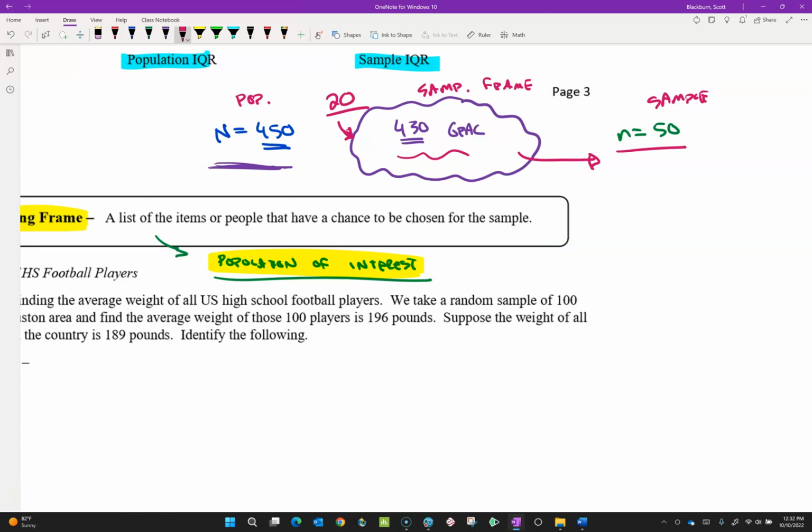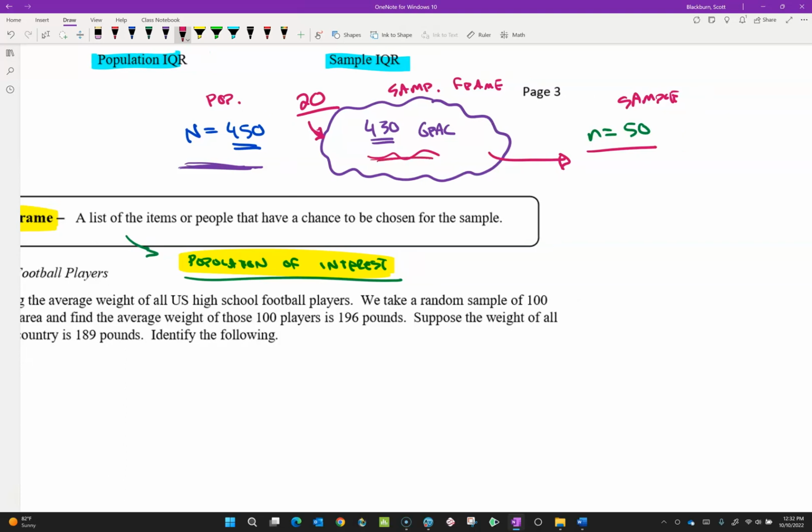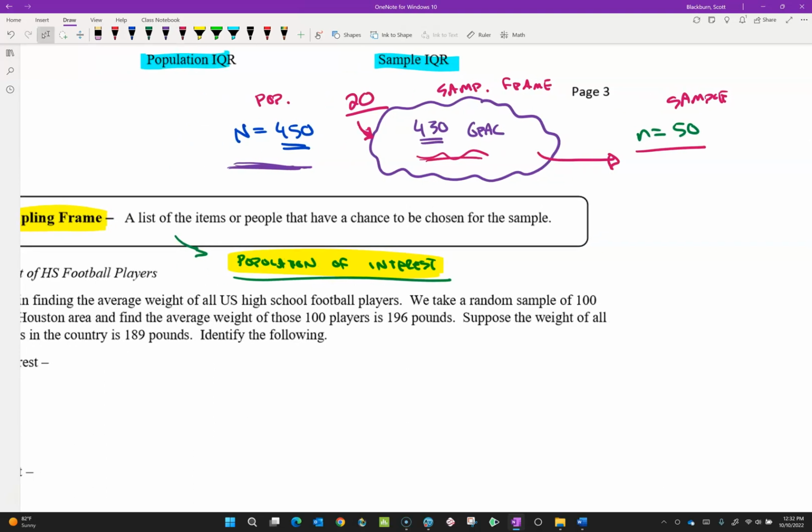For example, if I wanted to estimate on average how many days you are absent from school, well, the 20 people that are gone might have, on average, more absences in a given year, maybe 8 or 10, than the people in this group here.